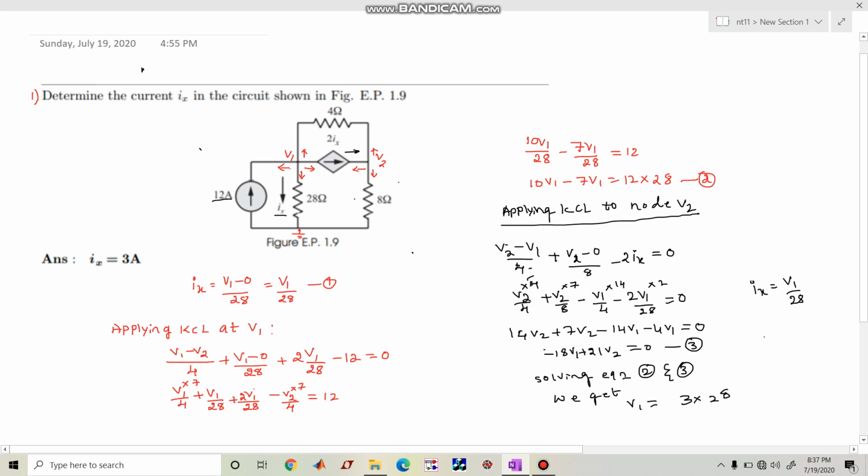So 28 and 28 will cancel, and you will get Ix is equal to 3 ampere. This is the answer given.